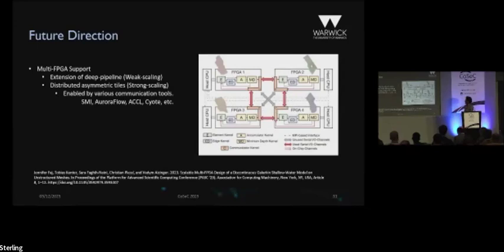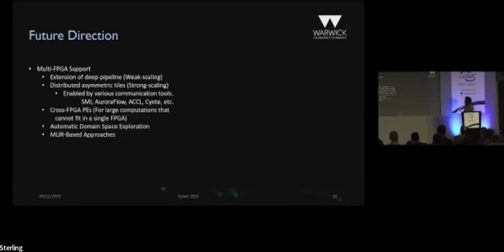You move data based on that domain decomposition, but also communicate between FPGAs via high-speed Ethernet connections. Finally, we are also working on automated design space exploration, where optimization happens through reinforcement learning based approaches.